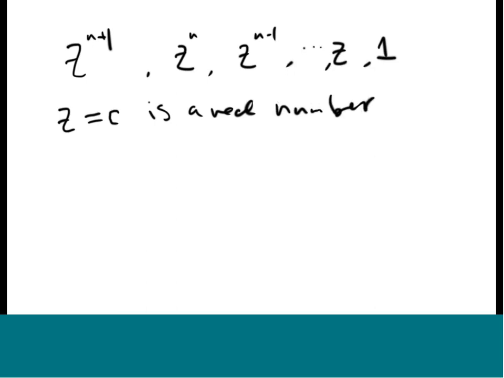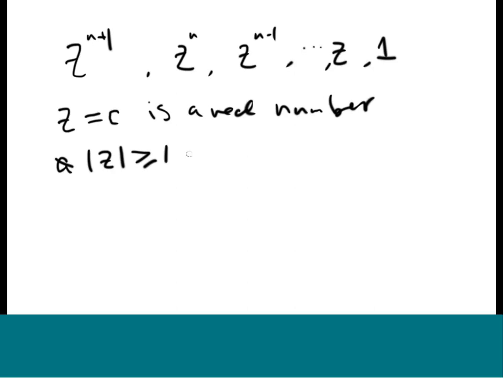From whatever we learned, from the condition we know the absolute value of Z is greater than 1.